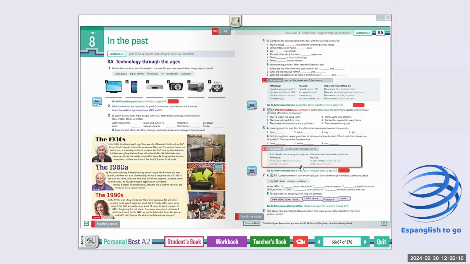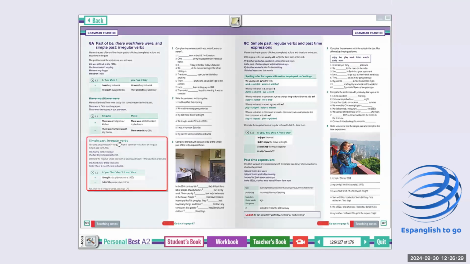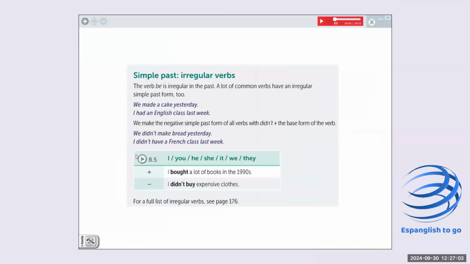Okay. Now let's go to page 126, simple past irregular verbs. So the verb to be is irregular. In the past, we have was and were. But there are a lot of common verbs that have irregular forms.